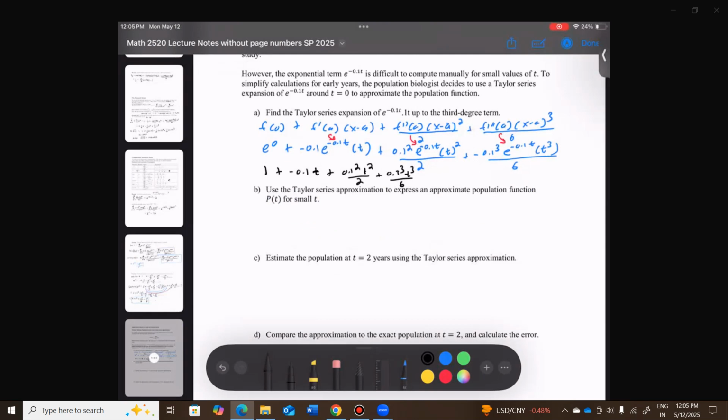Right, so now we can write the population function as 1000 over 1 plus 9 times 1 minus 0.1 t plus 0.1 squared t squared over 2 minus 0.1 cubed t cubed over 6.